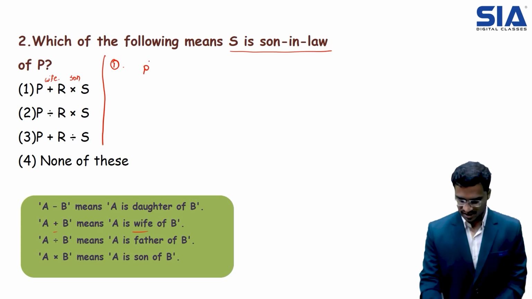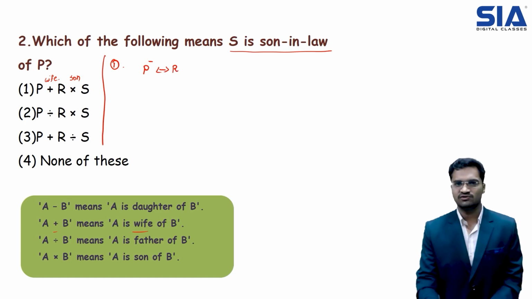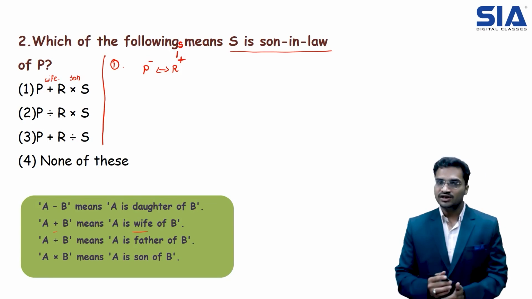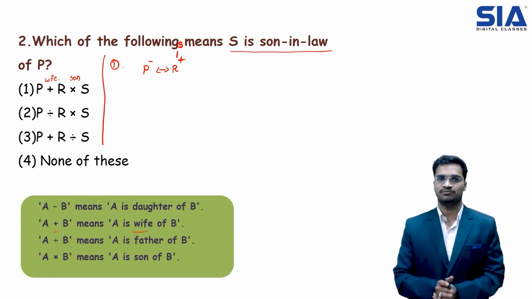So P is the wife of R. If P is wife, then R will be husband, and R is the son of S. So the person S will be above R. Now, in our first option, are we getting S as the son-in-law of P?